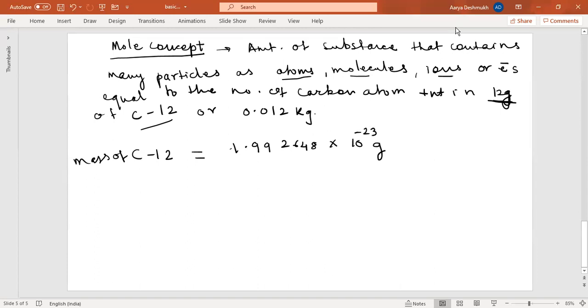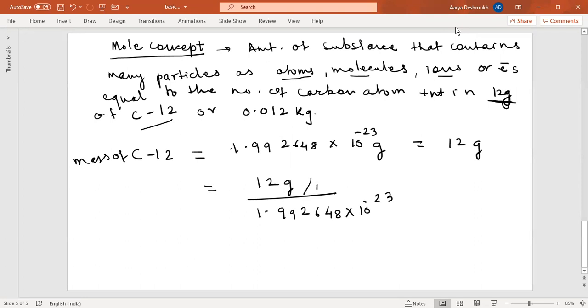Okay, and 1 mole of carbon weighs equal to 12 gram, and the number of atoms in it will be equal to 12 gram divided by 1.992648 into 10 raised to minus 23 gram, that is, 12 grams per mole of C12.